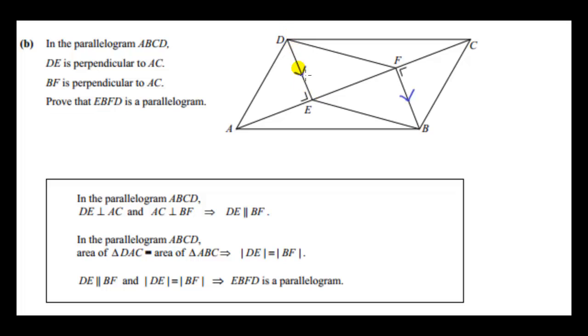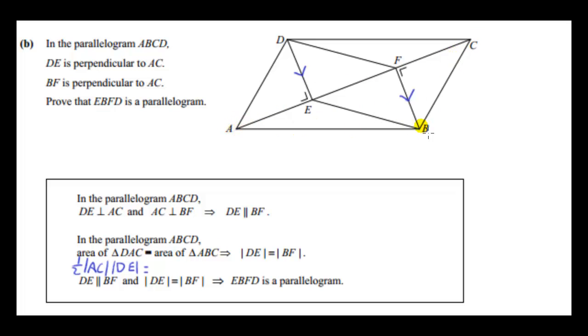We'd also take half of it, but that factor of a half doesn't really matter. So here it's written out: area of triangle DAC is half the base, AC, times the perpendicular height, which is this line here, DE. And that's equal to the area of triangle ABC, because a diagonal bisects the area of a parallelogram.